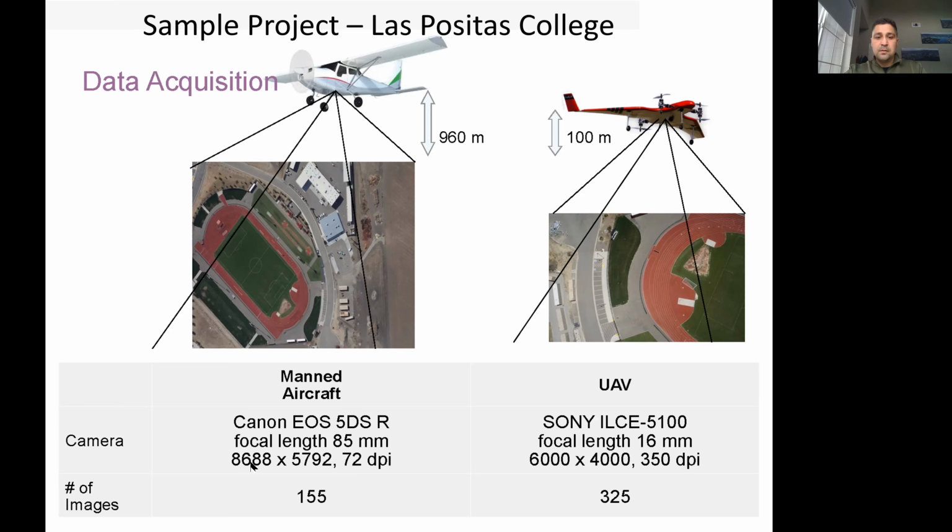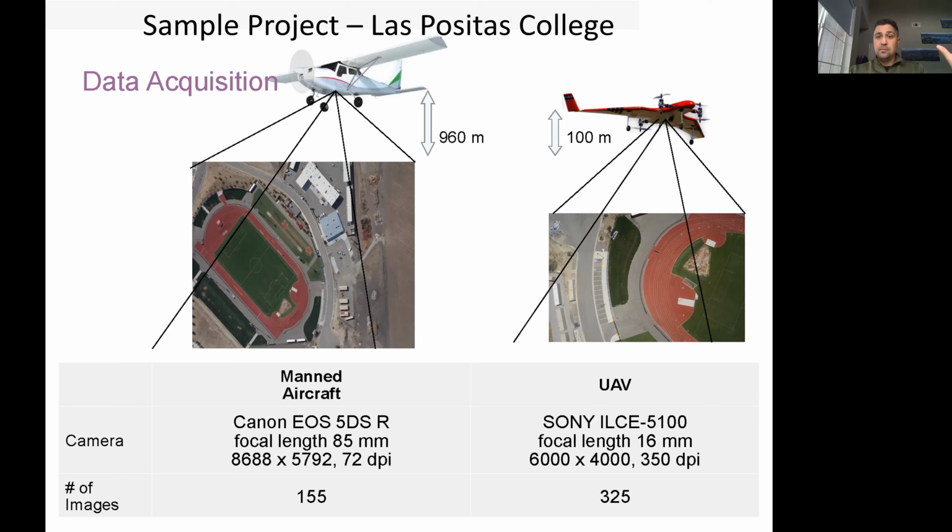You've also got larger sensor size and a larger megapixel count out of this Canon versus the UAV equivalent. It's going to be very difficult to find a UAV or UAS example where the camera is much bigger than this example, because physically they can't handle payloads that are much bigger than something like a handheld camera.